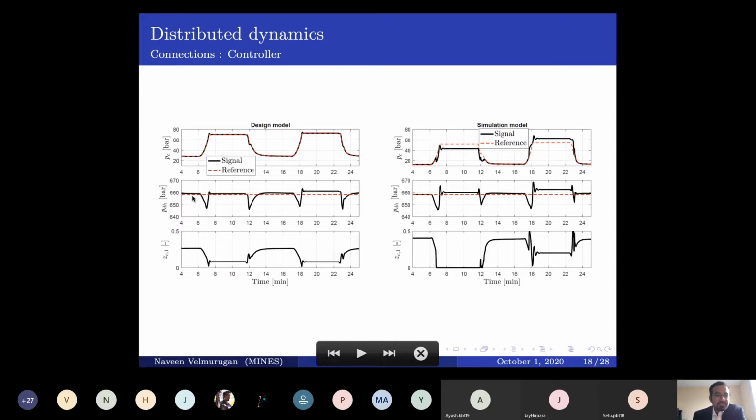So what I'm saying is, dear controller, I want to maintain my pressure at a particular value given by this dotted red line. So operate my choke in such a way that I can just stay on that line, right? So the controller says, okay, now you have the reference signal.